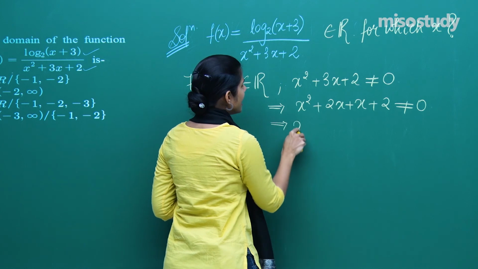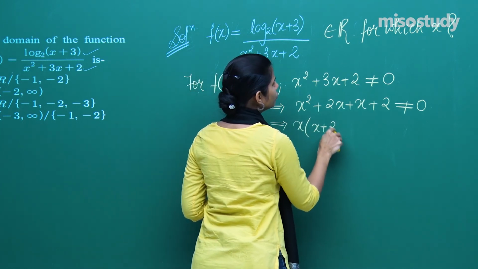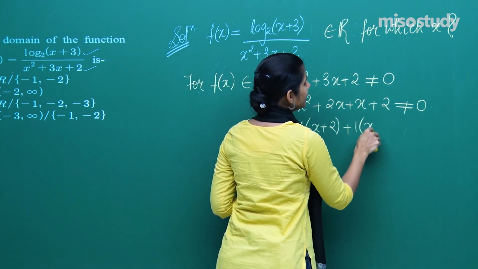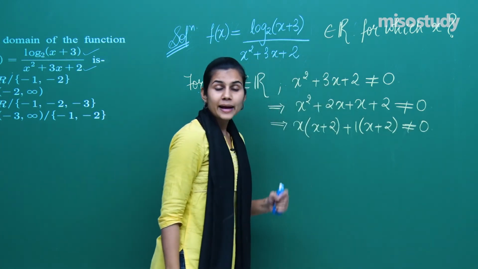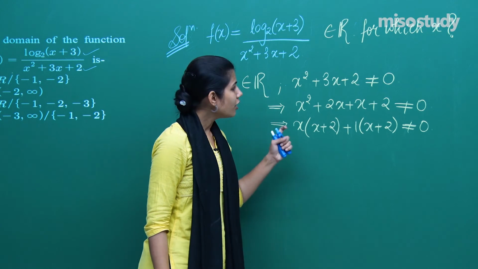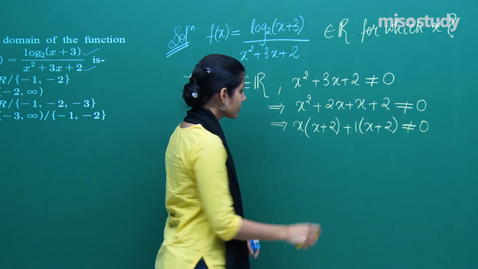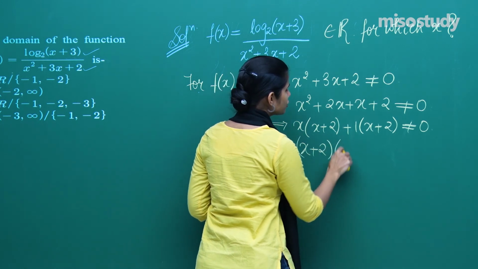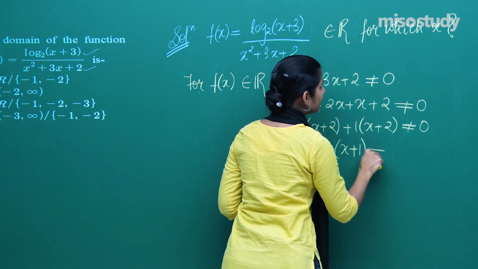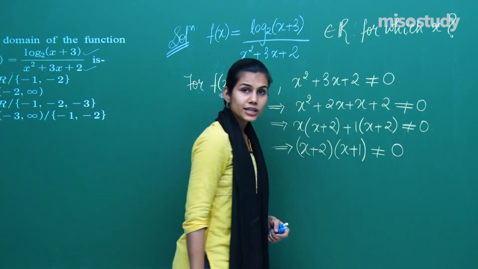This means x(x plus 2) plus 1(x plus 2) should not be equal to 0. I am just breaking the middle term and solving this quadratic, which implies, collecting the like terms, (x plus 2)(x plus 1) should not be equal to 0.